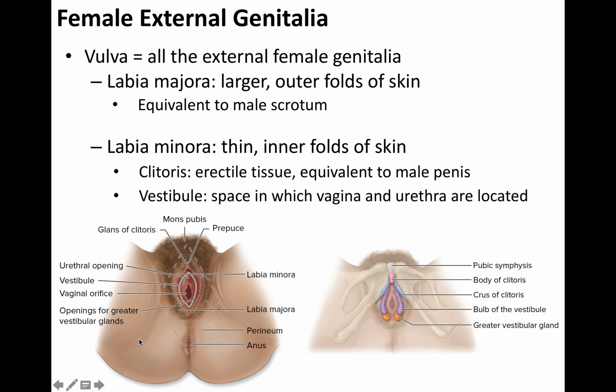It's kind of hard to see because there's a lot of arrows pointed here, but you basically have a prepuce, which is similar to the male foreskin, and then right behind that is going to be the clitoris, which is equivalent to the male penis erectile tissue. The vestibule is going to be this whole area.